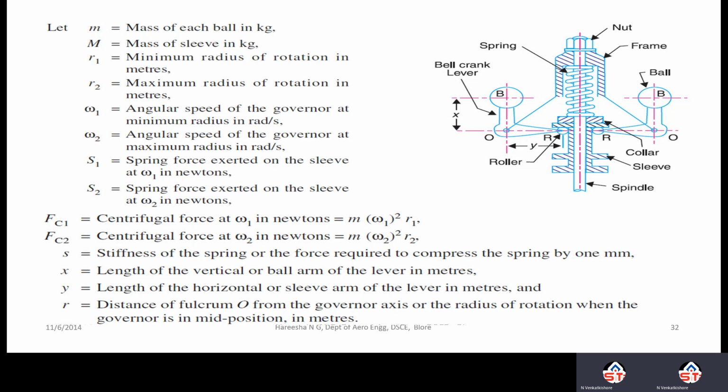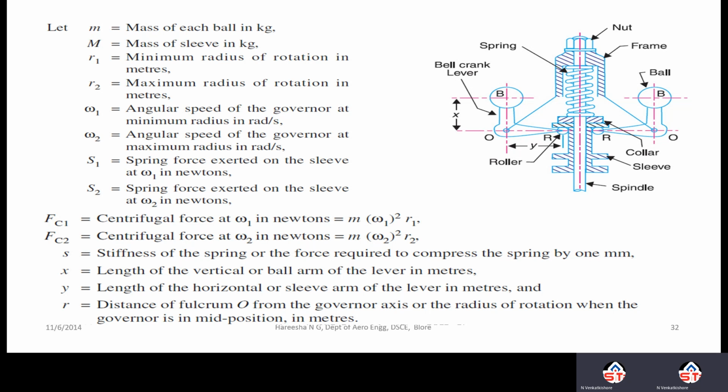S1 is the spring force exerted on the sleeve at omega 1, and S2 is the spring force exerted on the sleeve at omega 2. Then FC1 is the centrifugal force at omega 1, and FC2 is the centrifugal force at omega 2, in radians per second.